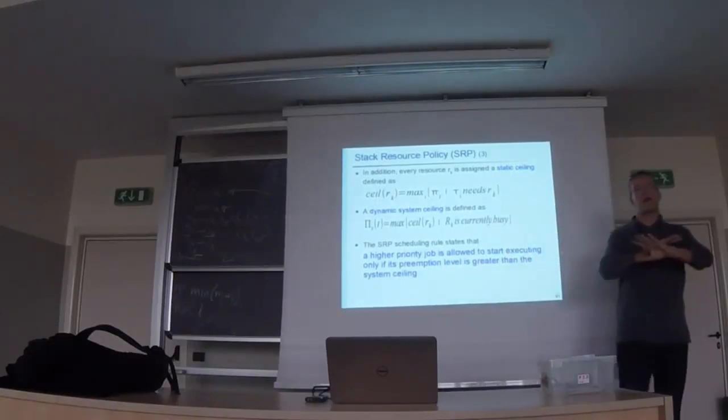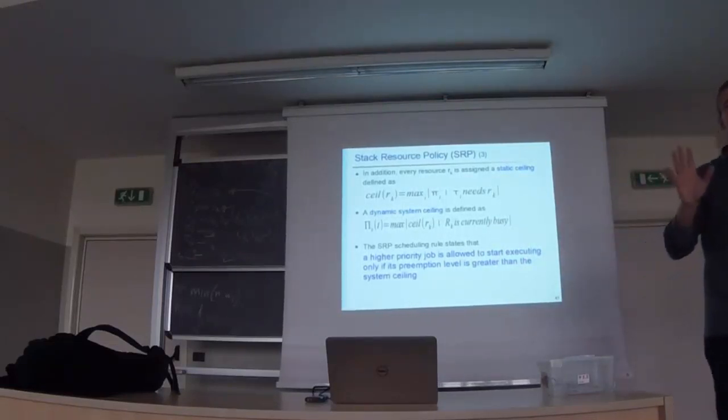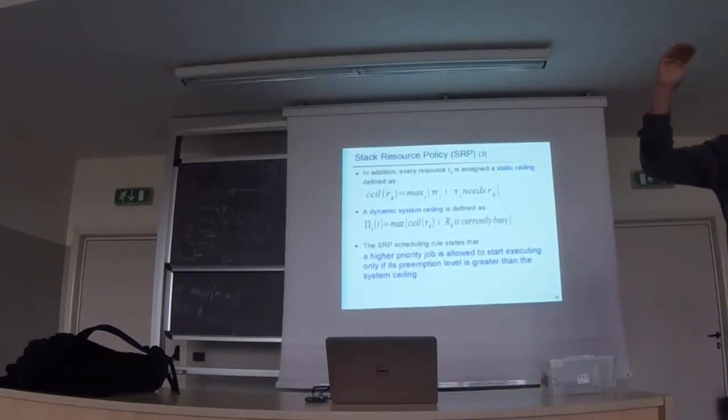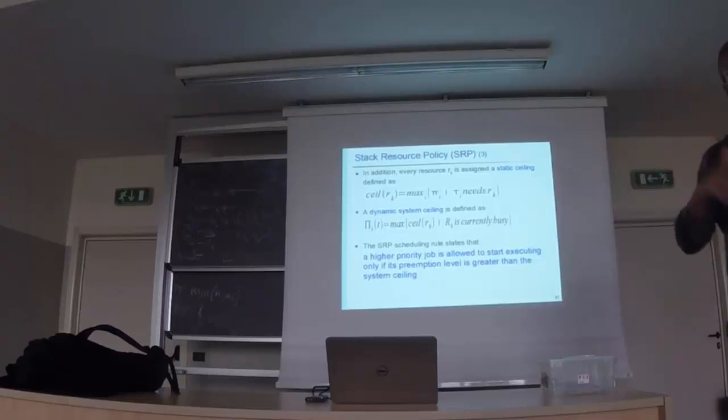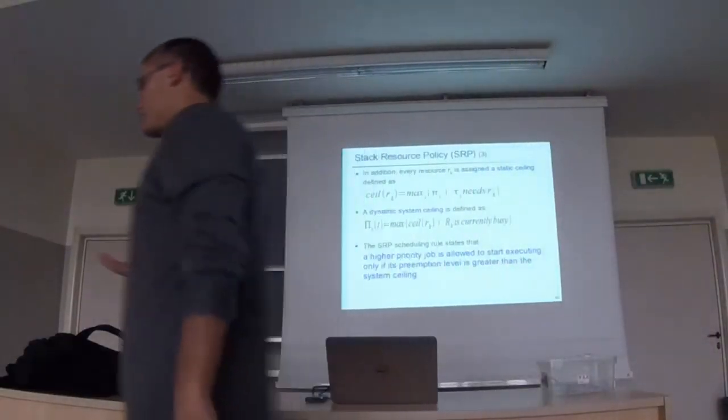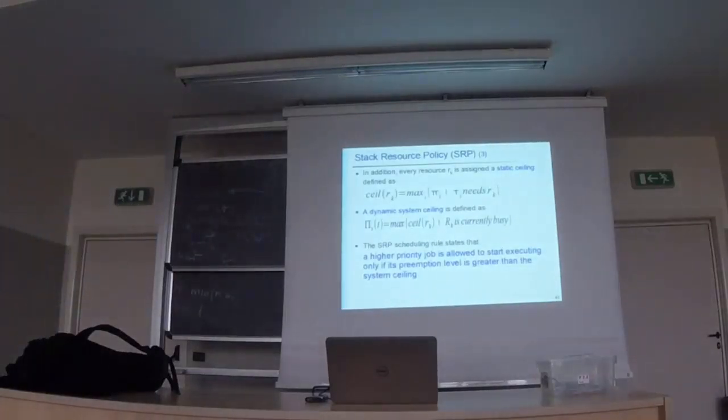So tasks are never allowed to start unless they are the highest priority ones, their deadline is earlier, and their preemption level is greater than the dynamic system ceiling. So their preemption level is higher than the ceiling of the currently locked shared resources.